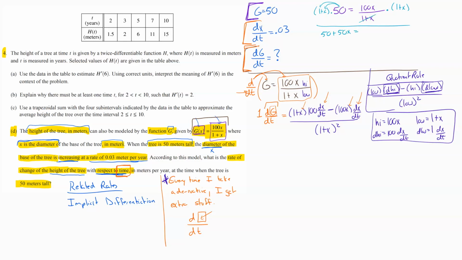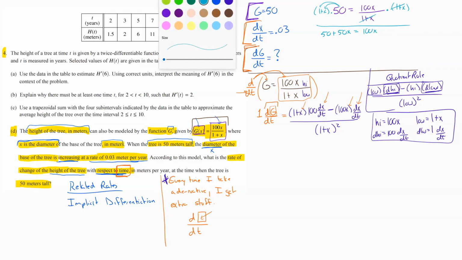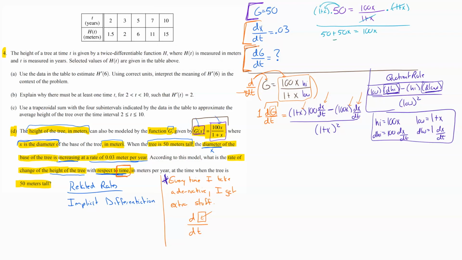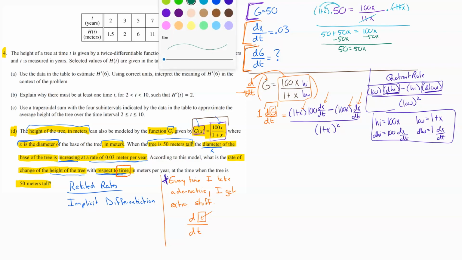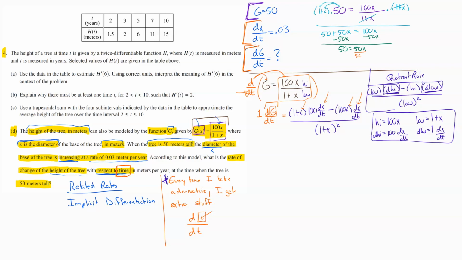And that's going to equal, those two pieces cancel out, so I get 100x. Now I just want to get all my x's together on one side, so I'm going to move the 50x over to this side. We get 50 equals 100x minus 50x is going to get us 50x. And then I would go ahead and divide by 50, divide by 50, and we get out of there x equals 1.